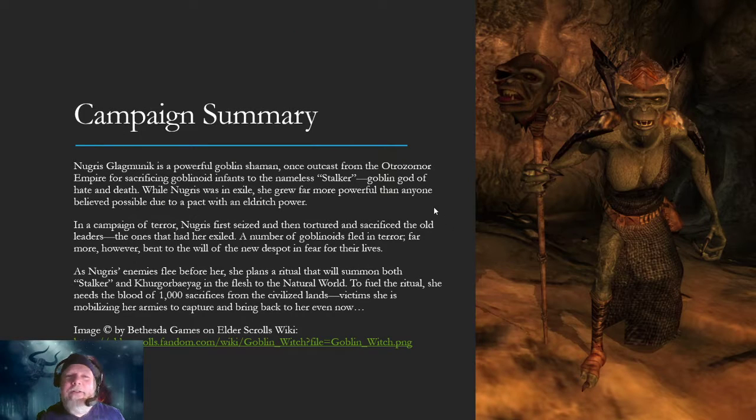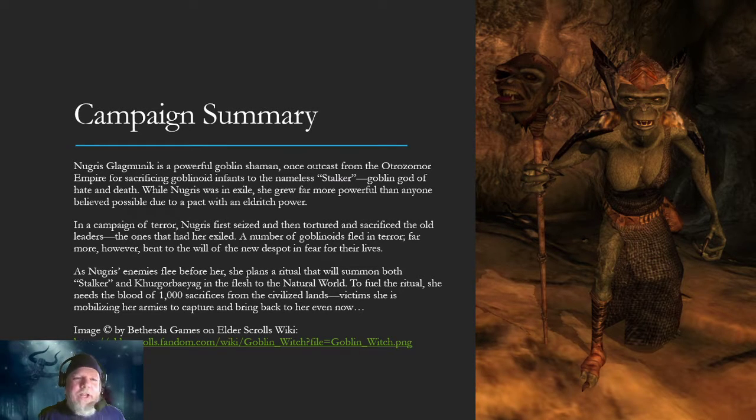So now let's take a look at the campaign summary. How does the campaign play out? All right, Nugris Glagminic. I'm using a random name generator for goblins.